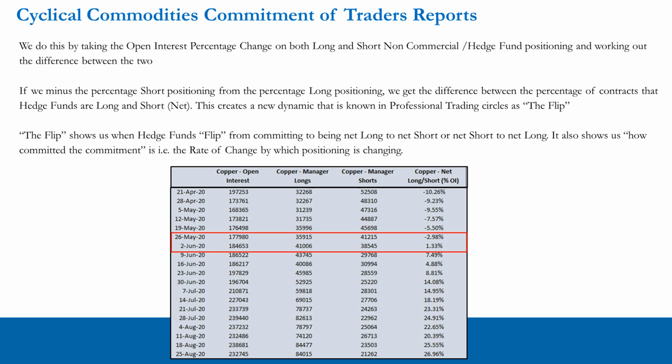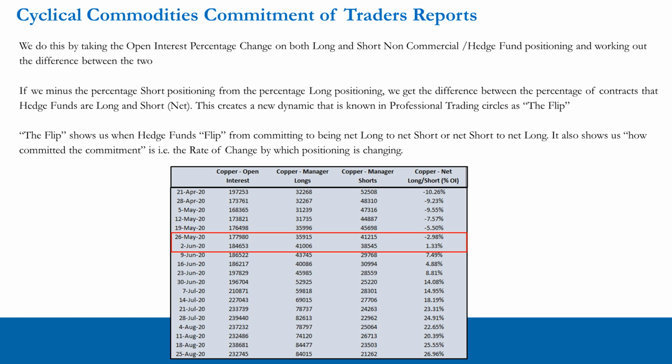We've got all of our cyclical commodities in there, and you'll see the numbers for each of the cyclical commodities on the screen here. We've looked at copper as an example, and you'll see the four columns that we're looking at. We're looking at total open interest, manager longs, manager shorts, and the net long and short.